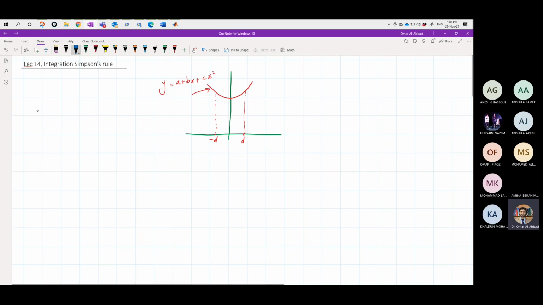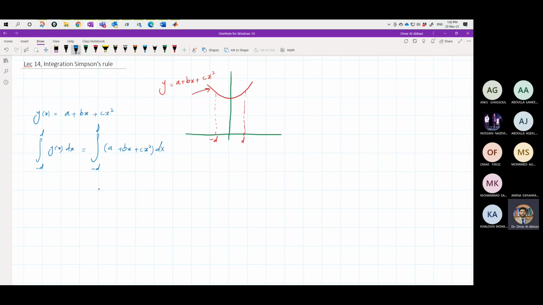So now if I take this y, which is a function of x, a plus bx plus cx squared, and I integrate it from minus d to d, y of x dx, let me write it explicitly: the integral from minus d to d of a plus bx plus cx squared dx, right?